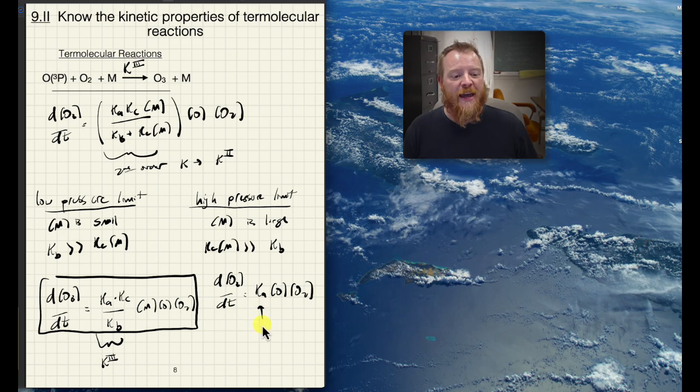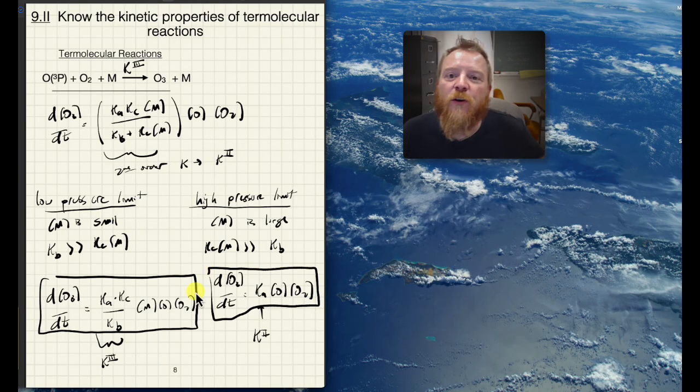And you can see Ka there has to be an overall second order reaction. So this was very similar to the general Lindemann-Hinshelwood mechanism, but now when we put in a real reaction, a reaction that actually would have to involve a third body, the game worked out the same way. Under the low pressure limit, we get the higher order reaction, which is to say the concentration of M matters in the low pressure limit.